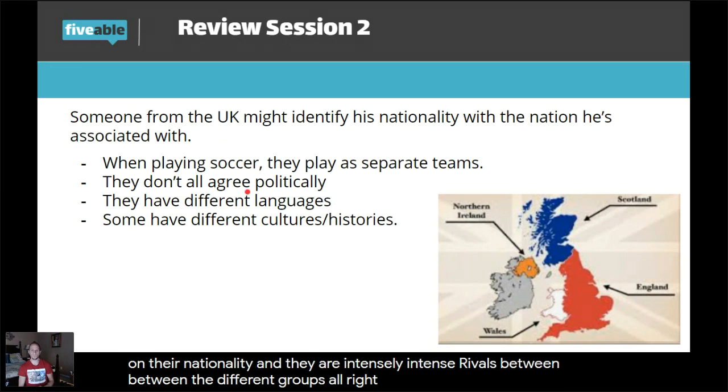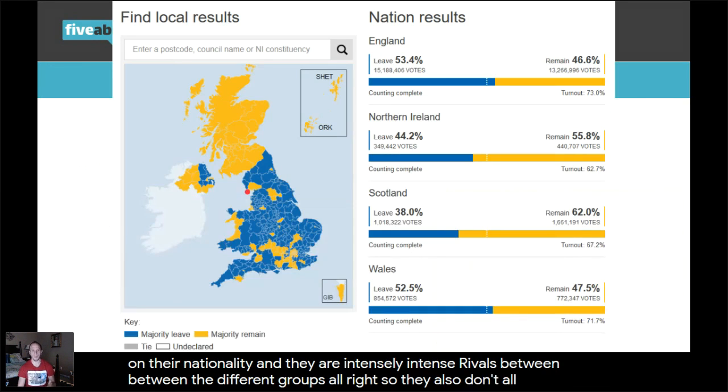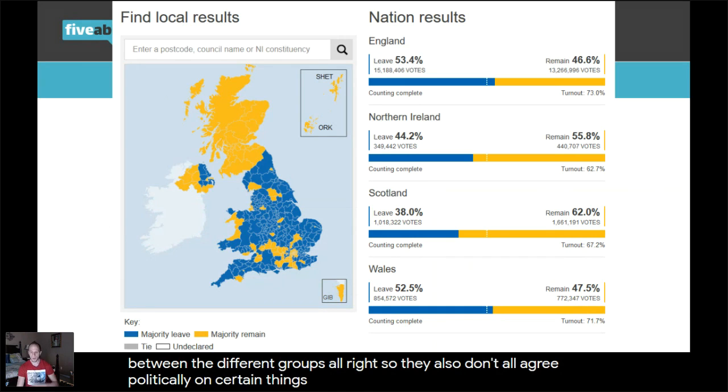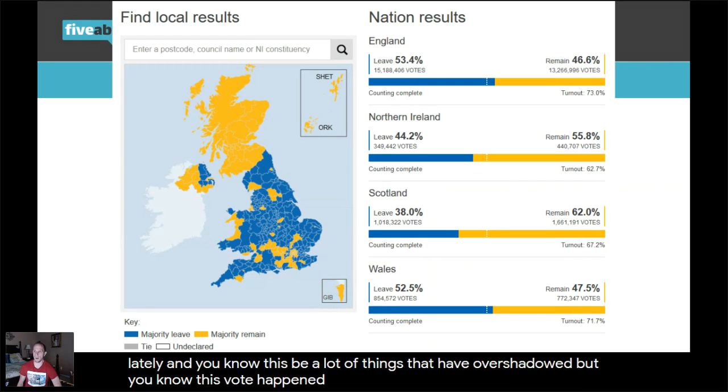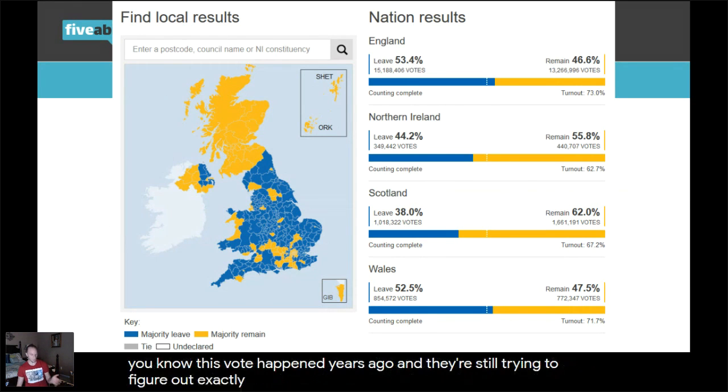All right, so they also don't all agree politically on certain things. Brexit has been in the news a lot lately, and there's been a lot of things that kind of overshadowed it. But this vote happened years ago, and they're still trying to figure out exactly what the terms are by which they're going to leave the European Union.